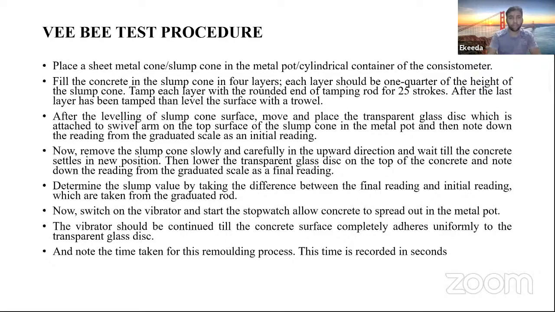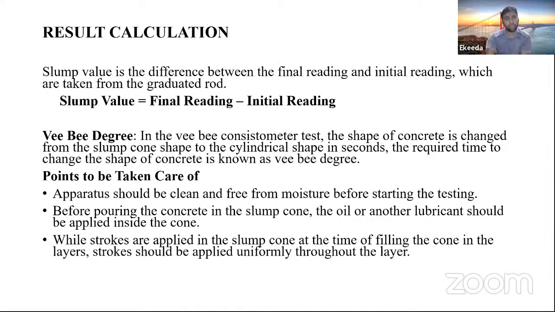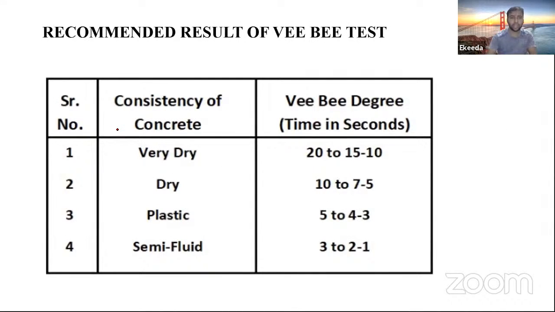Got it. Now we have determined the VB time. Now here it is clearly written as for very dry concrete. It means that if the concrete is dry, then it is known as low workable concrete, or we can say that if it is very dry, then it is very low workable concrete. So if the concrete is very low workable, then the time required will be high or less?